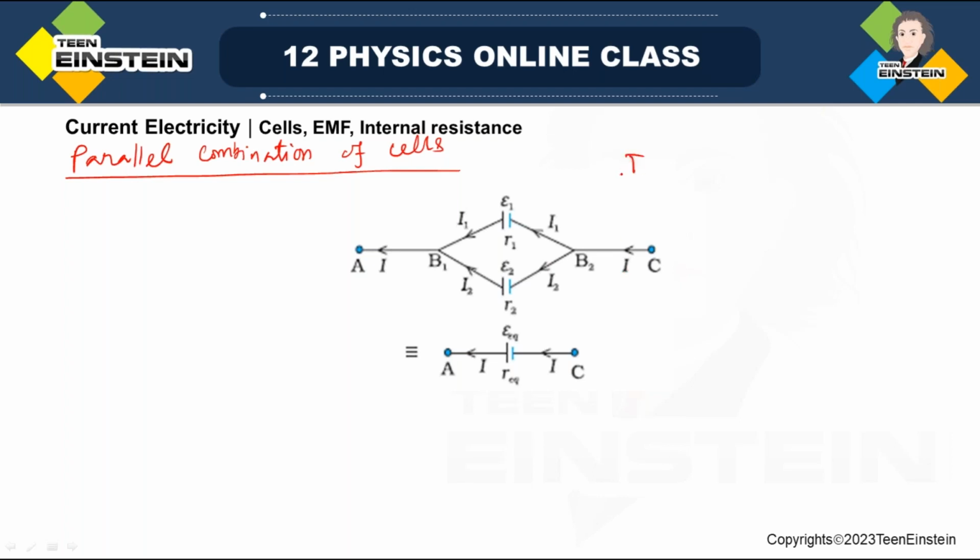So I is equal to I1 plus I2. From here we will be able to find out the equivalent EMF and resistance also.